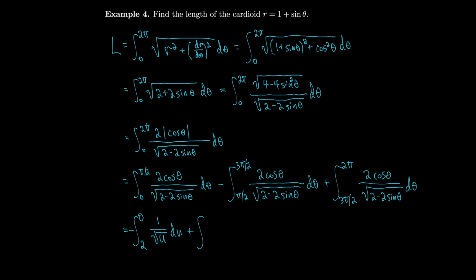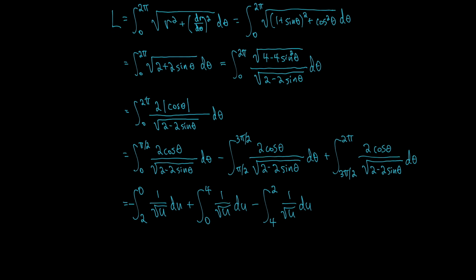And then similarly, we have pi over 2. At 3 pi over 2, we have minus 1 for sine, so 2 plus 2 is 4. And we have got our 1 over rad u. And then we have 4, and at 2 pi, that's the same as it was at 0, so that's 2. Okay, so then these are fairly easy integrals.